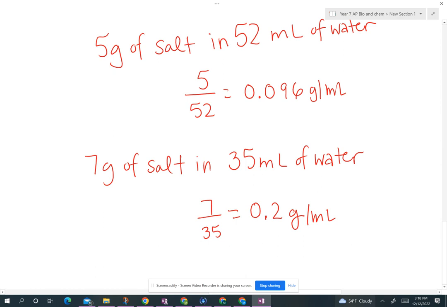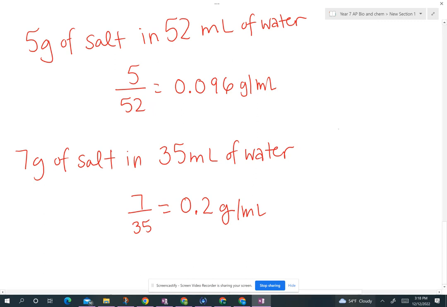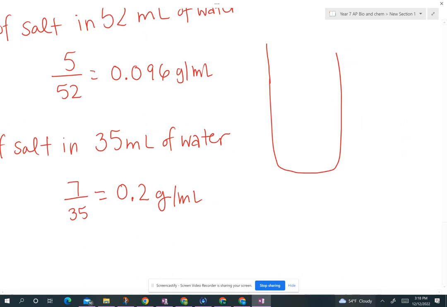I can look at these numbers and compare them. So if I had these two solutions and were to do some sort of density column, like you did in your lab earlier this year, I can organize them by where they would be. I have to remember that something more dense is going to sink.